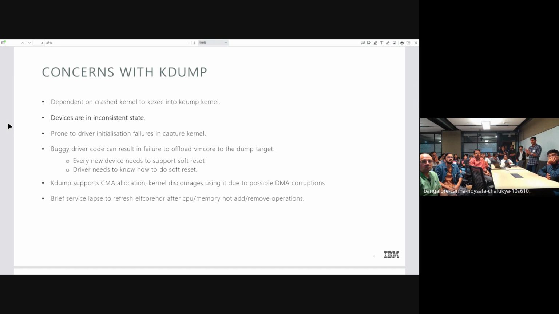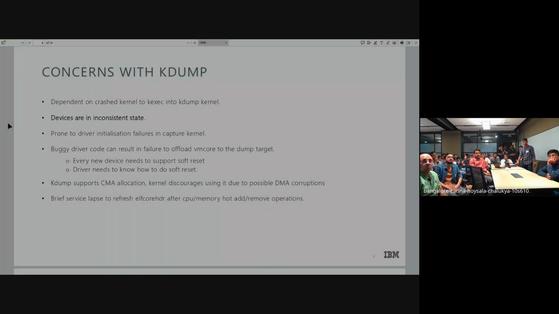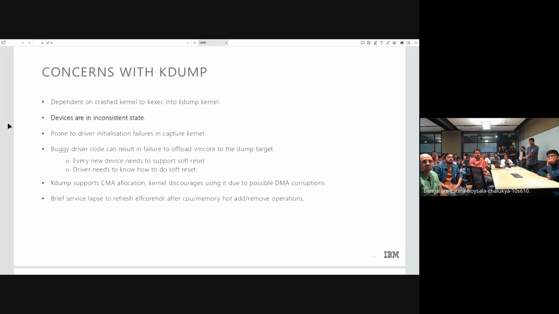The last concern, very minor compared to the other one, is that there is a brief service lapse in case of a hot add or hot remove operation. On a running system, if you are adding or removing memory, adding or removing CPUs, you remember I told you that the first kernel transfers something called an elf core header to the second kernel, which has this memory information. On every hot add or hot remove, the configuration of the system is changing.